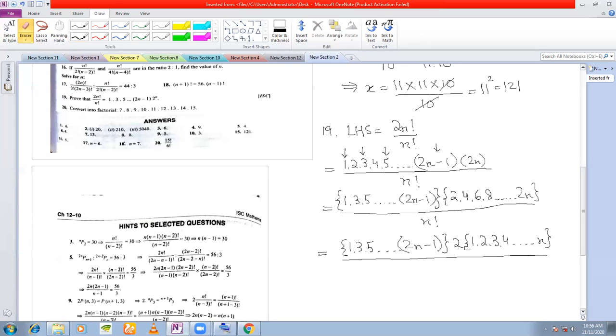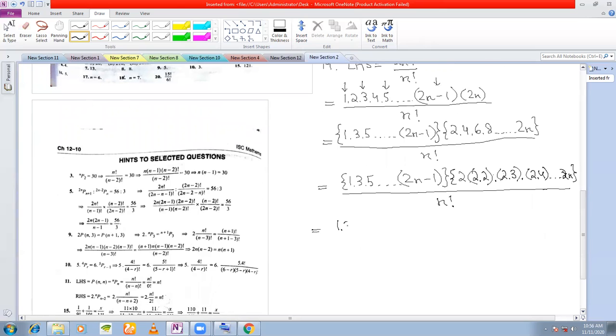Why? Because this can be written as 2. This can be written as 2 into 2, right? 4 can be written as 2 into 2. 6 can be written as 2 into 3. 8 can be written as 2 into 4, and so on, up till 2 into n, right? Divided by factorial n.